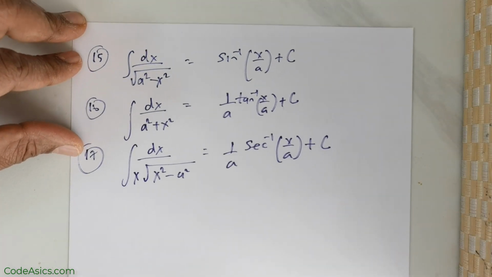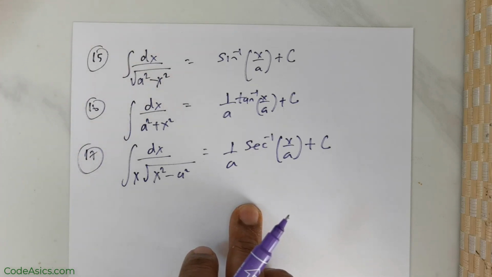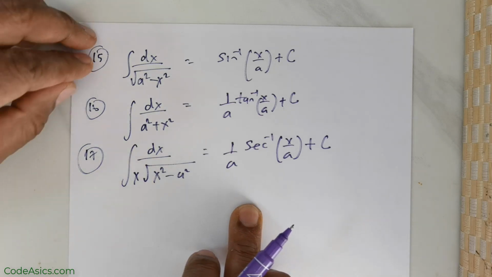So I will be stopping here as far as the formulae are concerned. I think this is sufficient. So I have given you 17 formulae, and with these 17 formulae we will be able to handle things.